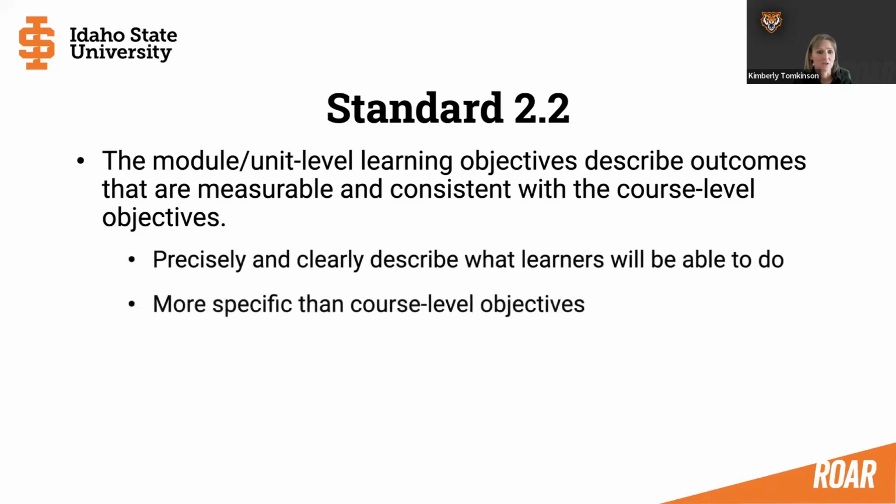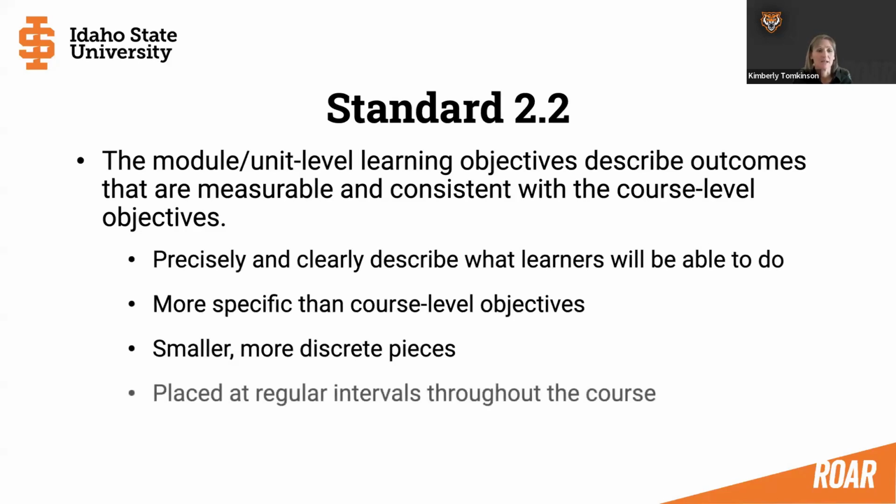And they'll also describe what learners should be able to do, but they're going to be more specific than course level objectives because we're going to put them into smaller, more discrete pieces. And if we place them at regular intervals throughout the course, then we can tell how our students are progressing throughout the course instead of just one big exam at the end or one big culminating check at the end.